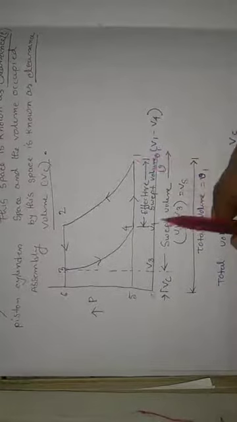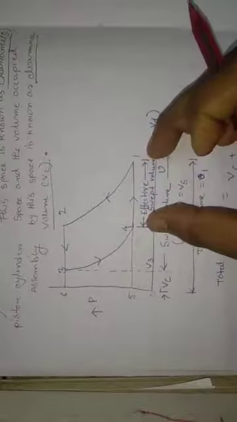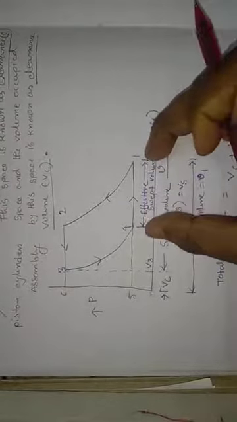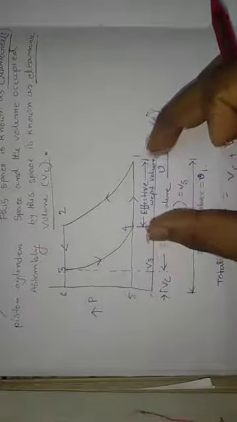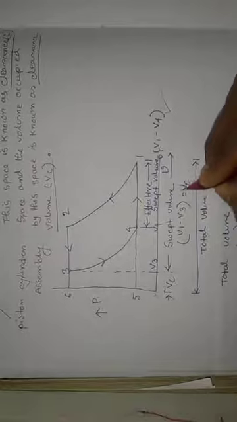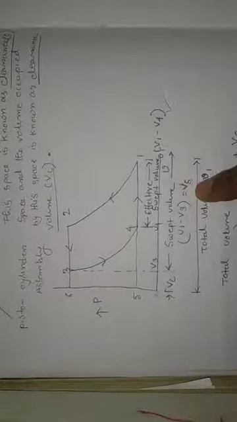So this is V1 and this is V4, and V1 minus V4 is called the effective swept volume. The actual swept volume is V1 minus V3. That is your swept volume, generally designated with V suffix s.